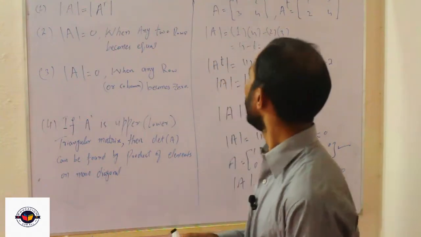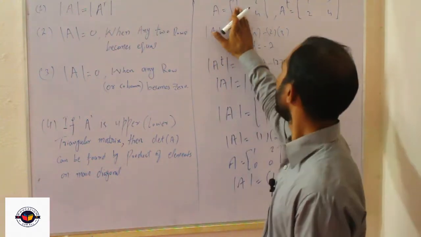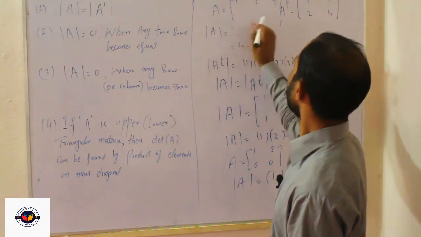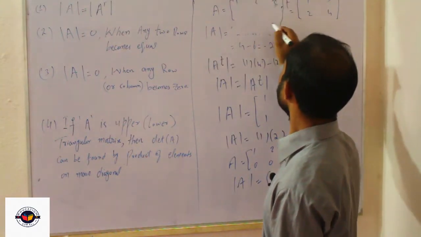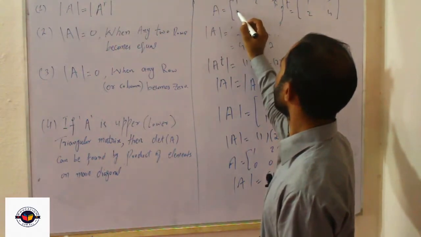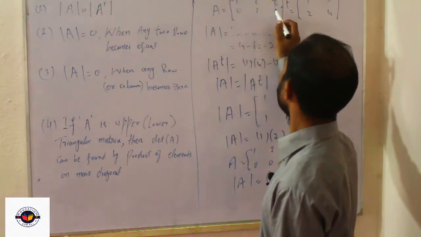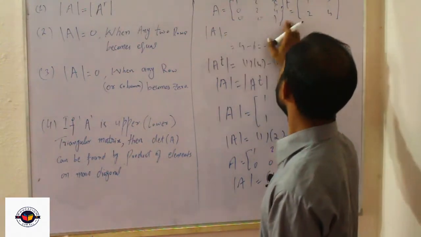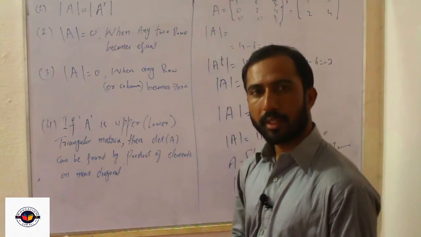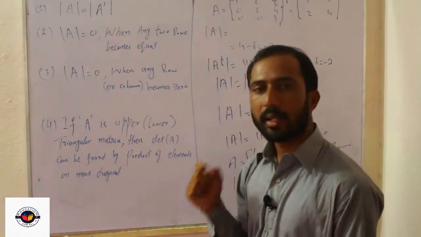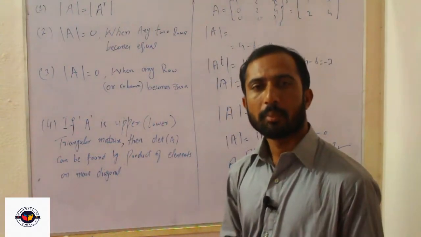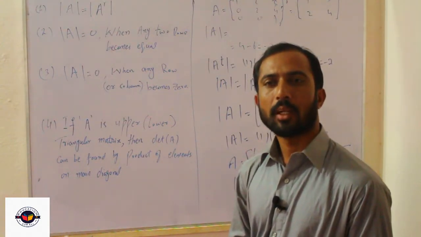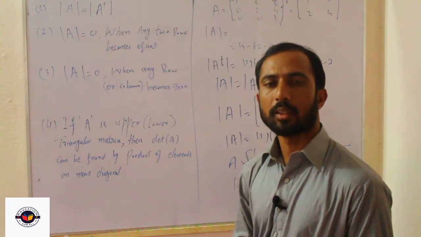For example, we take a very simple matrix A. Here we see that this matrix A is in upper triangular form. As given in property number 4, whenever matrix A is in upper triangular form, its determinant can be computed as the product of the elements on the main diagonal.